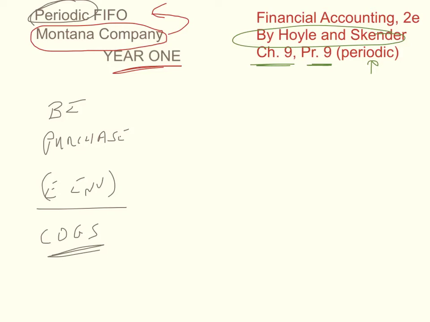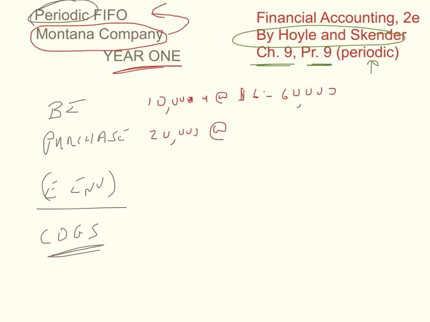Well, we know in this question that they begin year 1 with 10,000 units of inventory, and those units cost $6 a piece. So the beginning inventory is $60,000. That's information given to you in the problem. Then during year 1, they purchased 20,000 more units, and there has been inflation.